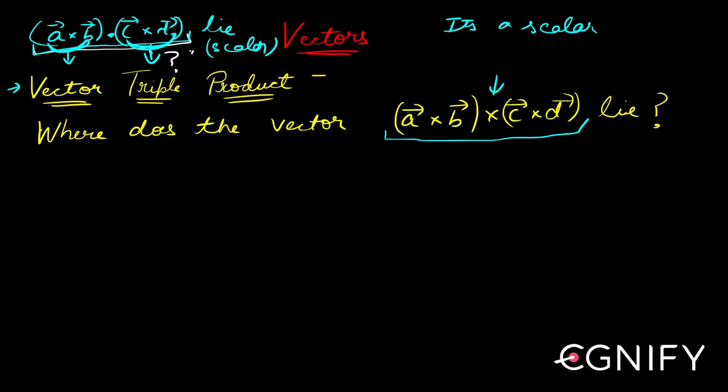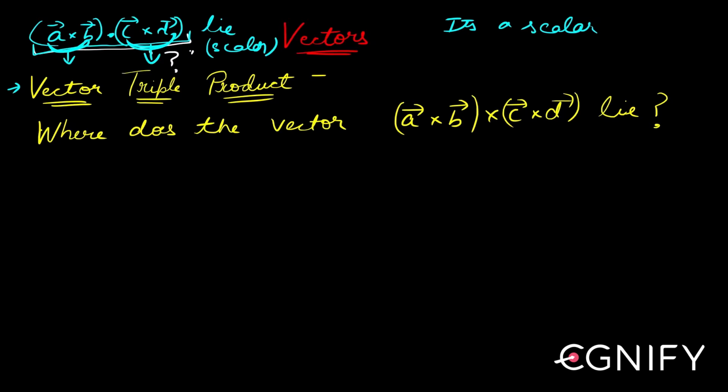So remember, A cross B cross C cross D. Now this is a vector because this part is a vector, this part is a vector. The cross product of these two vectors is actually going to give me another vector. I need to see where that vector lies, right? So for that, we will slightly rearrange this.